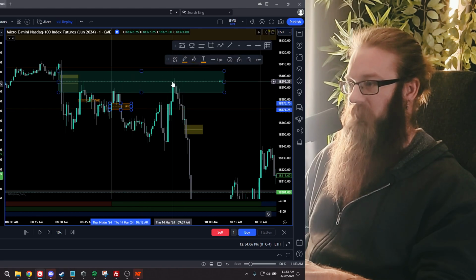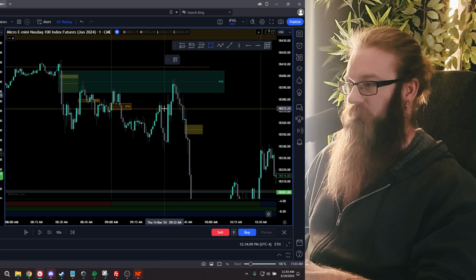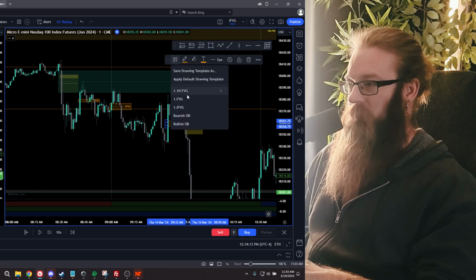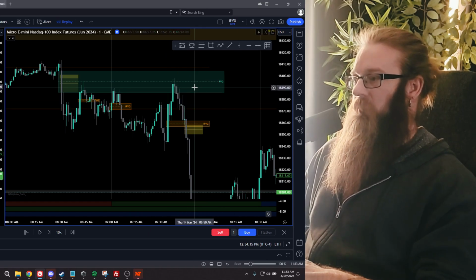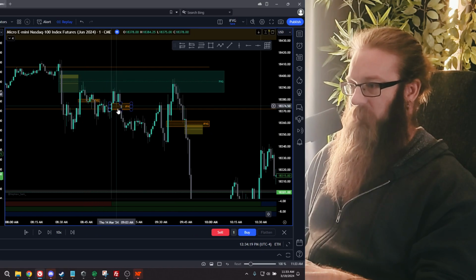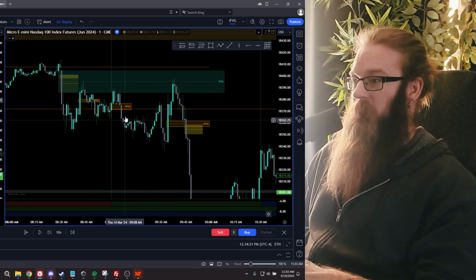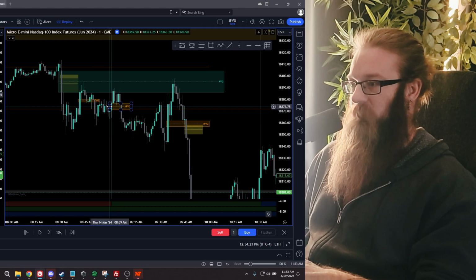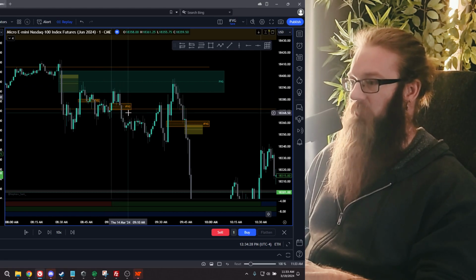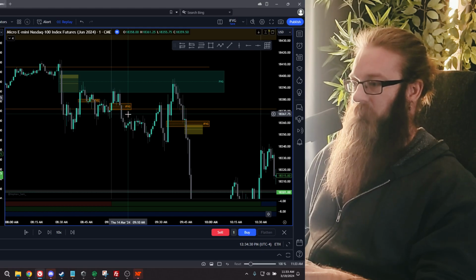And then it does it yet again. And there's one here. I started seeing this pattern that every time it rejected away, if it was good, it would reject away, close over a fair value gap that it made on the way up, thereby creating an inverted fair value gap, and trade away.